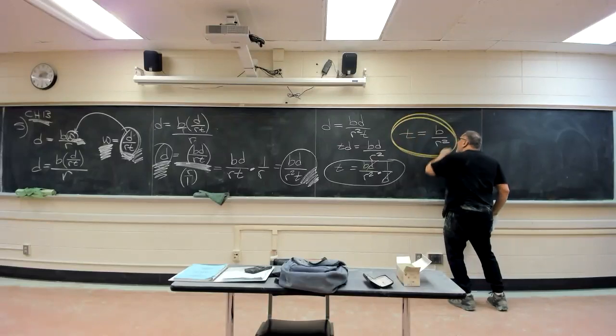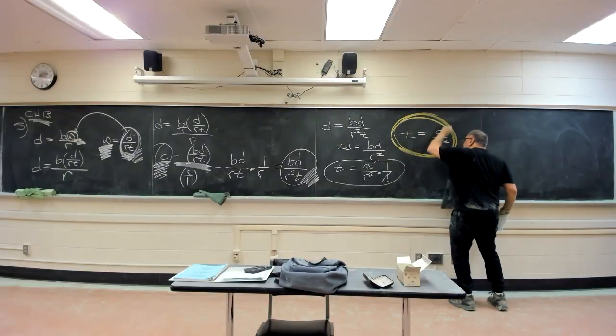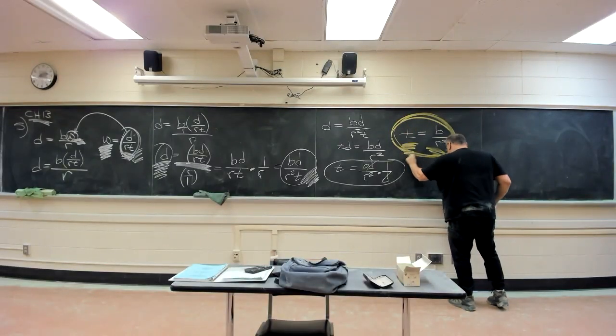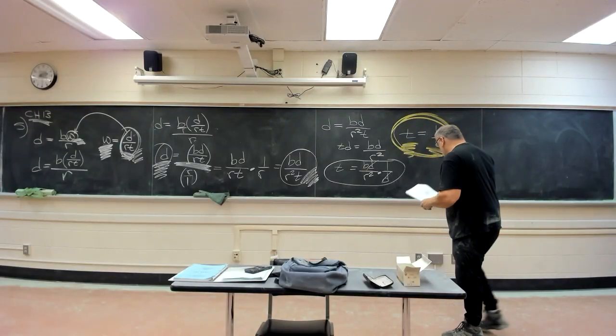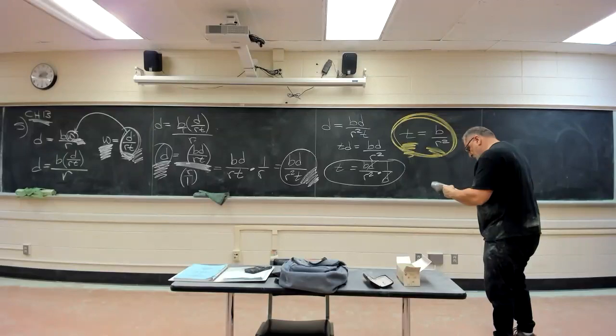For some reason, I seem to remember this looking a little different, even in the answer key. I've got to think it's this, guys. We got T equals B over R squared.